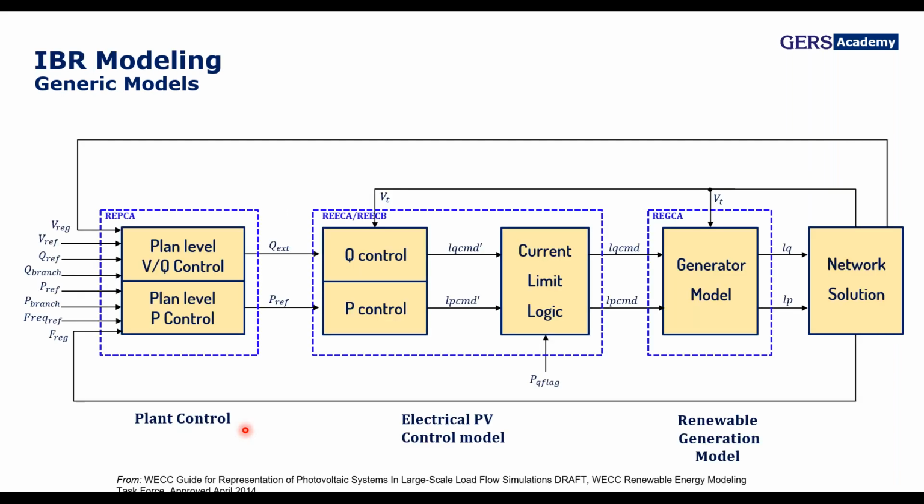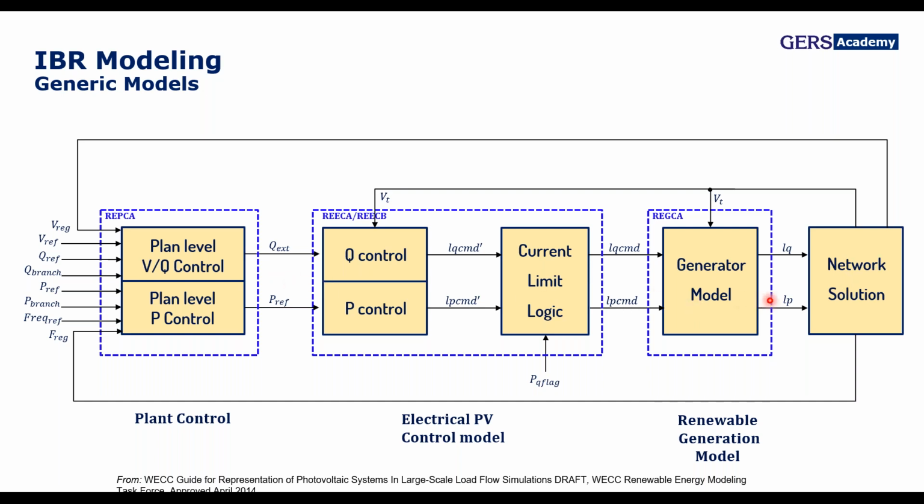Well, we are now on the part of the IBR models that I just showed before. This is the box representing the power plant controller. The other ones, the REECA and REECB, represent the interaction between that plant controller and the injection that will appear on the network.